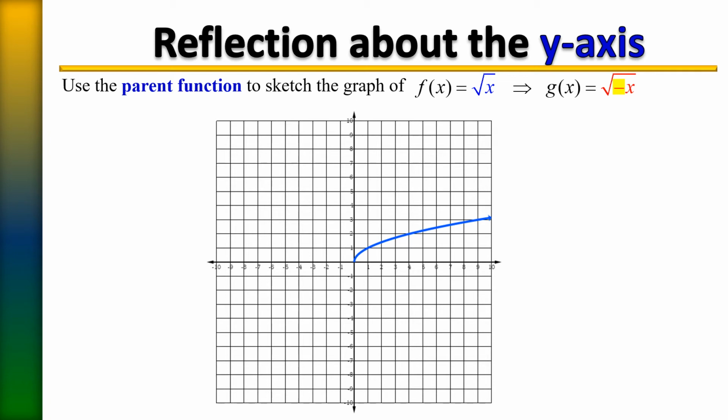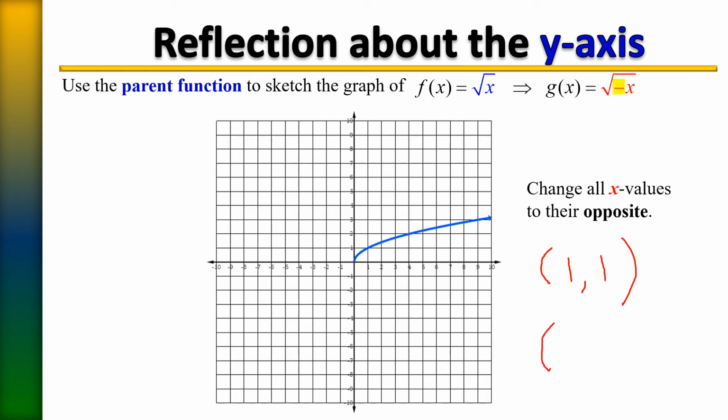So to reflect an image about y, all you have to do is change the x values to their opposites. We can actually use the same points we did in the previous example, and that was the ordered pair of 1, 1, and the ordered pair 4, 2.